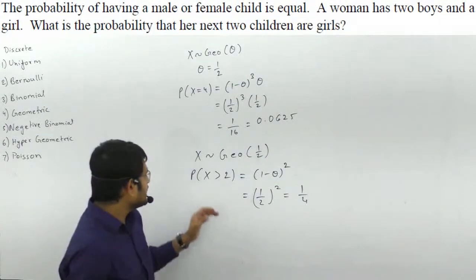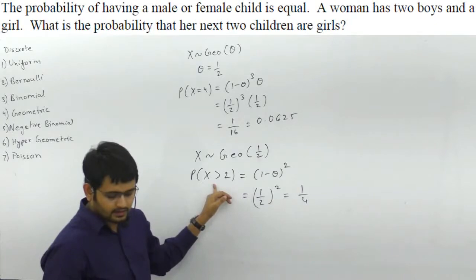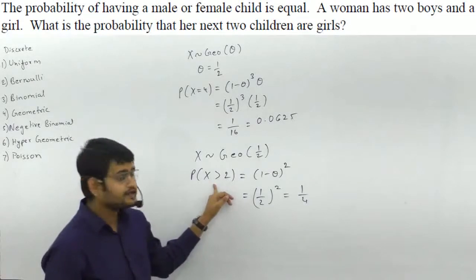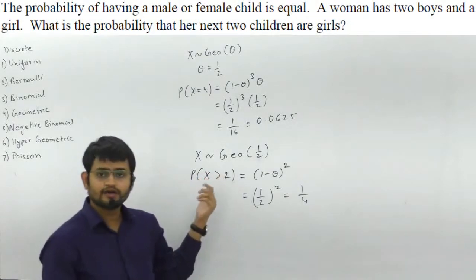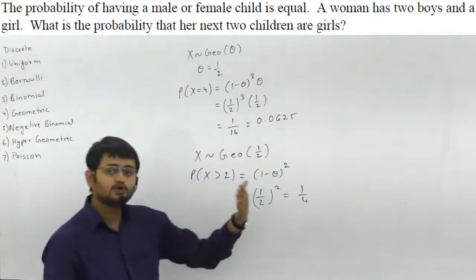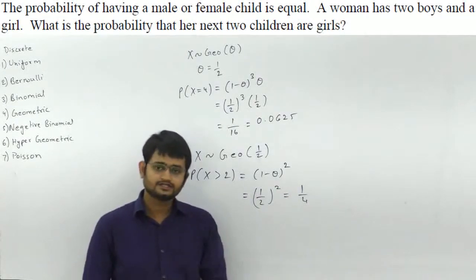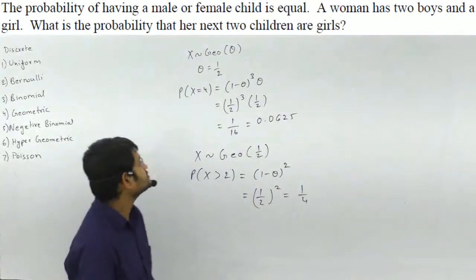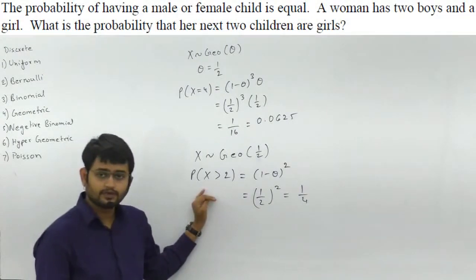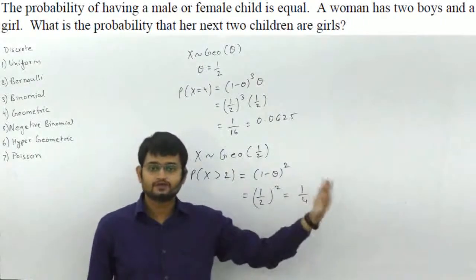Now clearly, you might say that the woman already has 2 boys and a girl, so there have already been 2 successes. This is the 3rd success, but we are ignoring those, and after that we can calculate what is our next success. The geometric distribution, because it has the memoryless property, lets us have multiple geometric distributions one after the other.